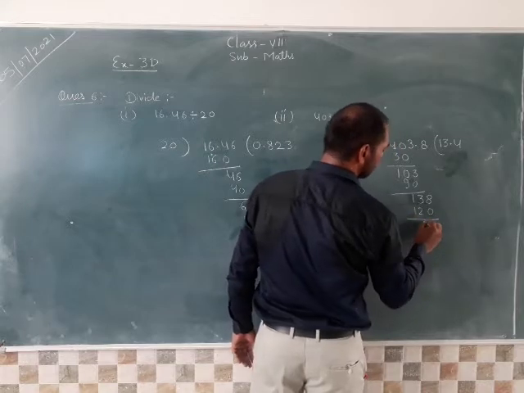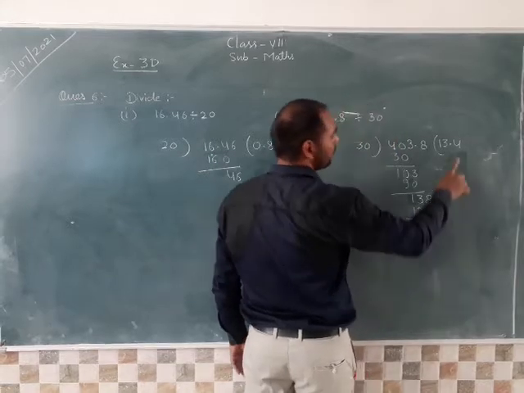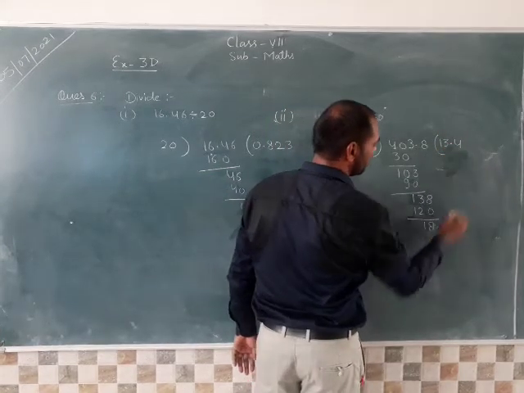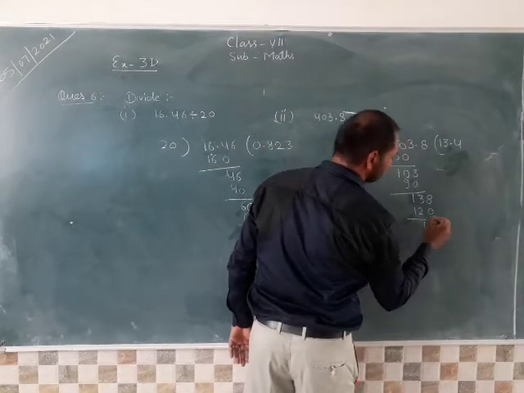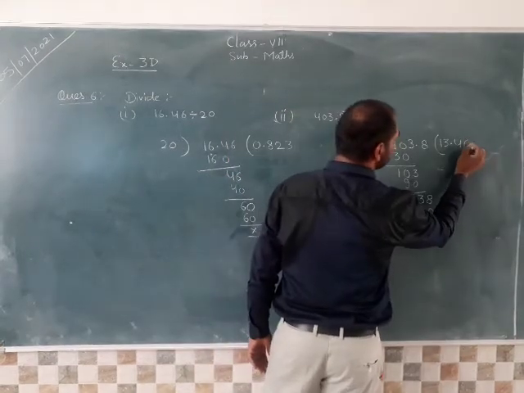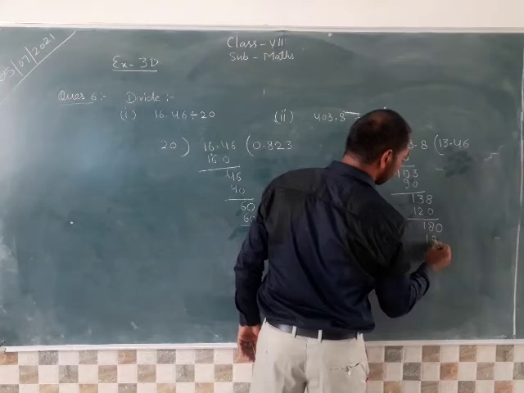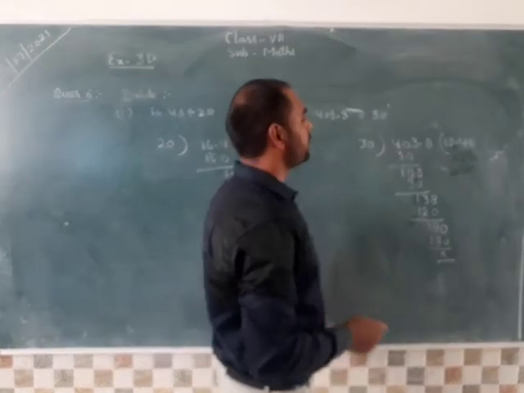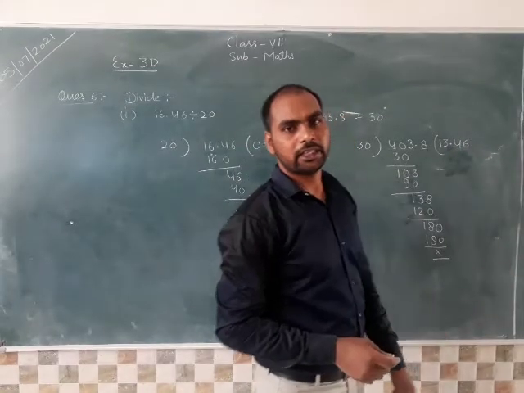When we subtract, we get 10 as remainder. Since we have marked point in the quotient, this point will give us a single 0, then it becomes 180. Now 30 sixes are 180, and this is completely divisible. So answer is 13.46.